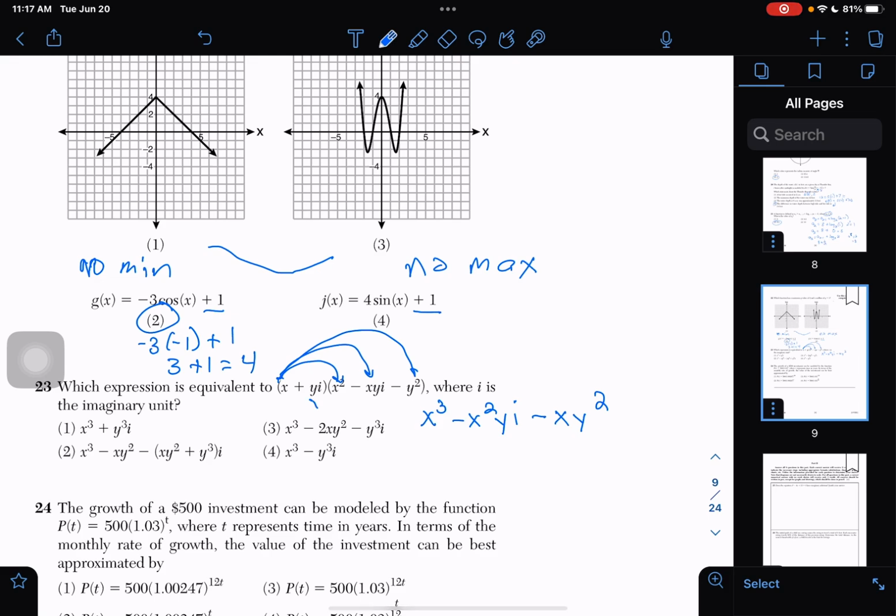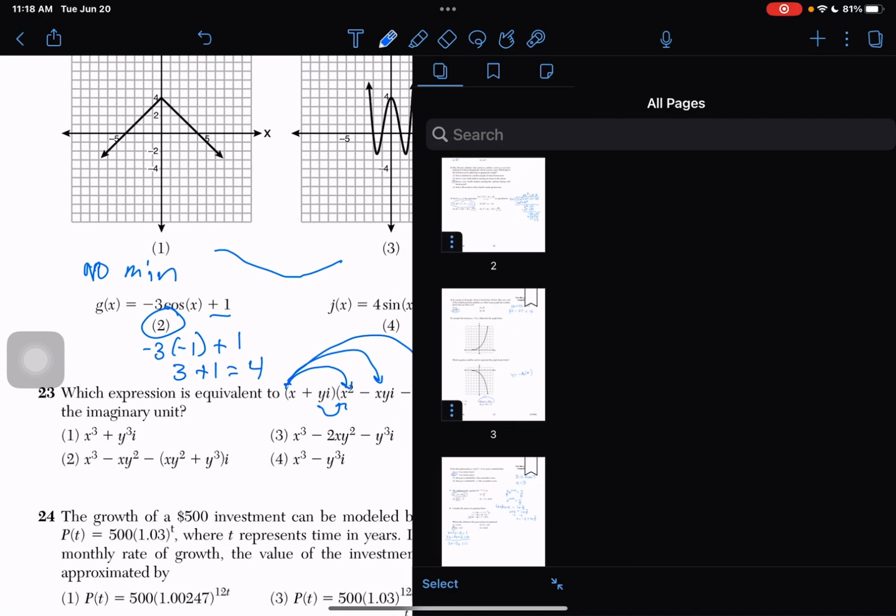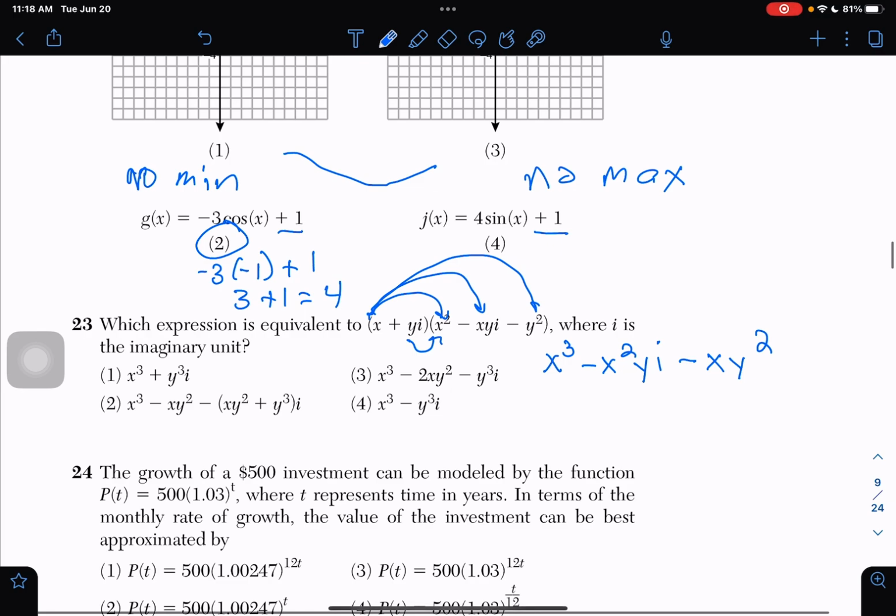Okay, now let's use this one. This one times this is x squared, this one is x squared yi, which is this one. x times x squared yi, right?